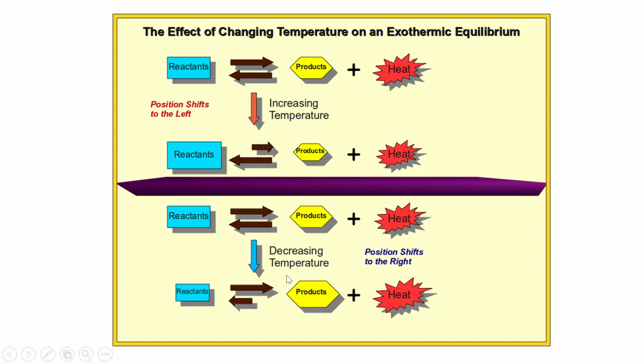Oppositely here, if you decrease temperature, naturally, the position of equilibrium is going to shift to producing more heat. How will the equilibrium produce more heat? It will shift its position forward, accordingly increasing the amount of the product and producing more heat to substitute the heat that you took in by cooling.